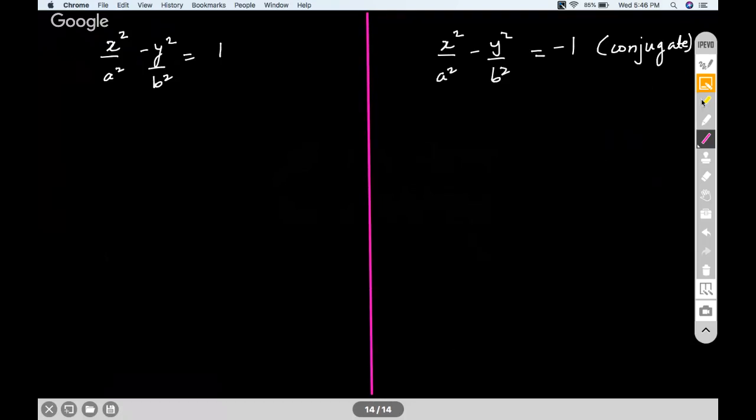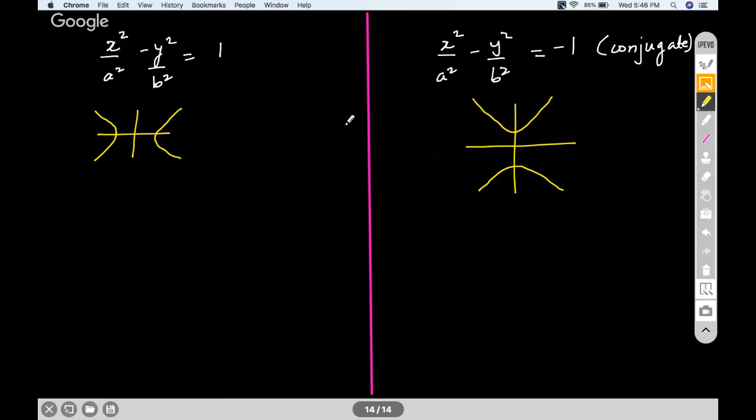So just a comparison chart between them. Graphically speaking, these two graphs would be like this, and this would be like this. So the orientation is different. Here your x-axis contains the transverse axis, and this is your conjugate axis.